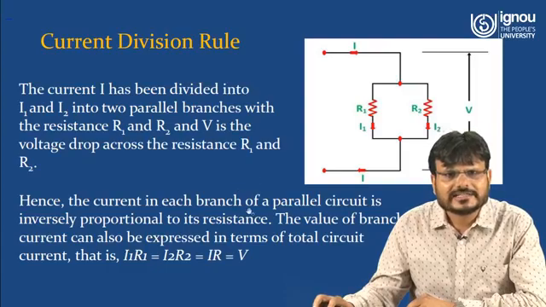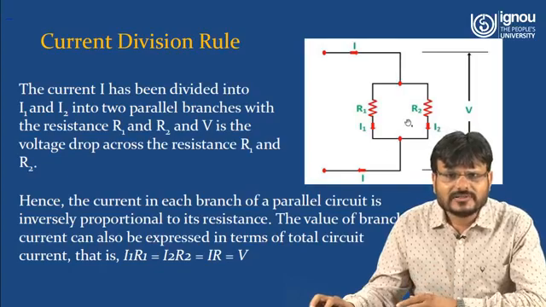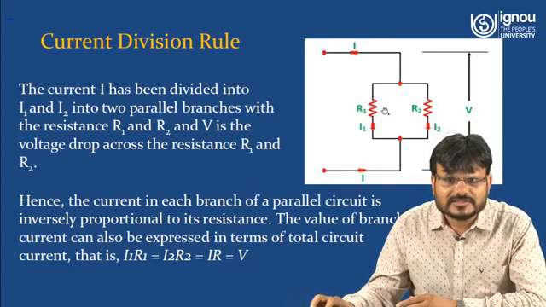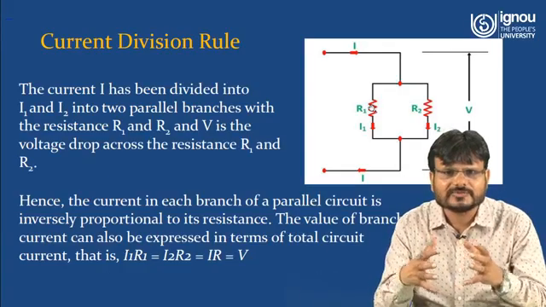Hence the current in each branch of the parallel circuit is inversely proportional to its resistance. The value of branch current can also be expressed in terms of the total circuit current. That is, I1 into R1, that means voltage across this branch, is equal to what? I1 into R1, because both are connected in parallel, so voltage is the same.